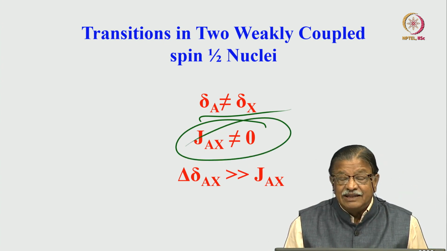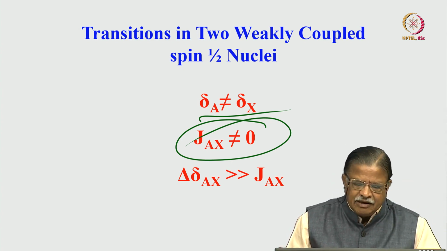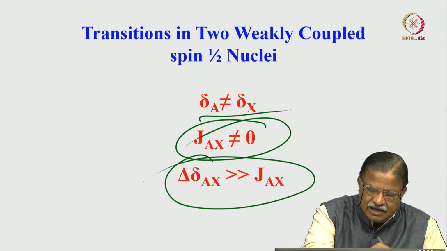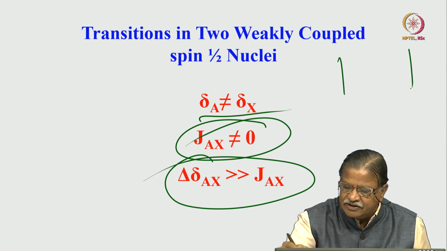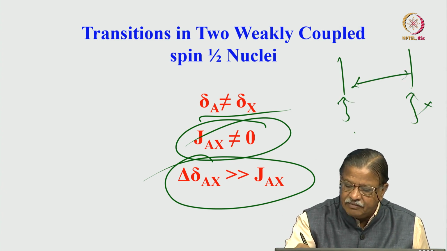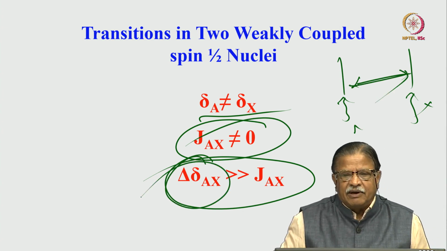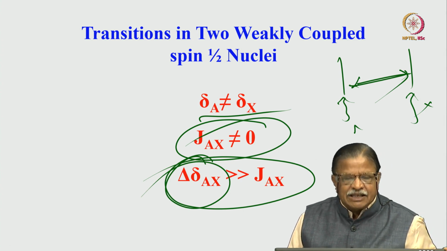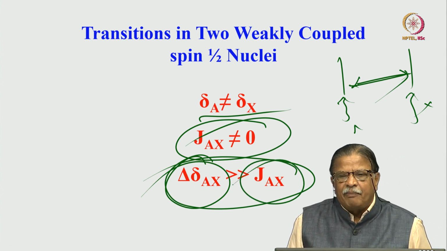That means there exists an interaction between A and X. Further, I have assumed a condition on the chemical shift difference between A and X. If A is here, X is here, I can calculate the chemical shift of A and the chemical shift of X and take the difference between these two. I call it delta, the chemical shift difference between A and X spins, and I assume this to be very much larger than the coupling constant.